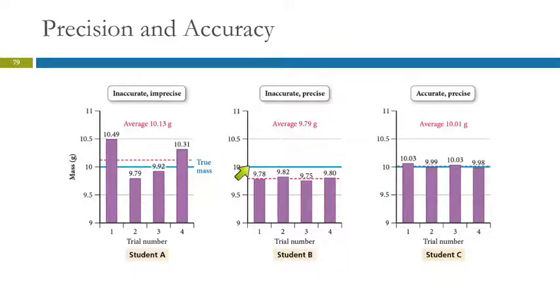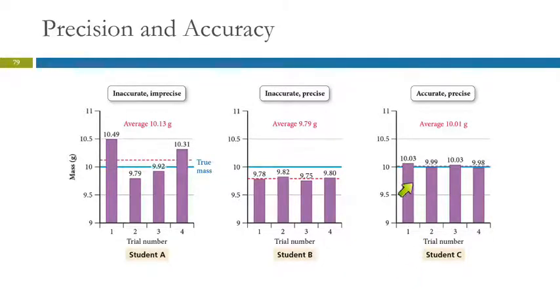Here's student B. So looking at the average, they got an average of 9.79 grams. Is that real close to 10? No, this is way off. Inaccurate. But look how close those measurements were to each other. The student is precise. He's very good at getting the wrong answer, right? Does it reproducibly. So that's not so good either.